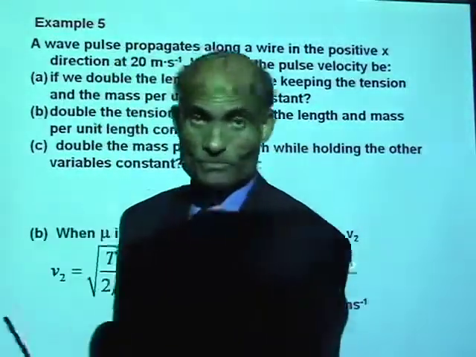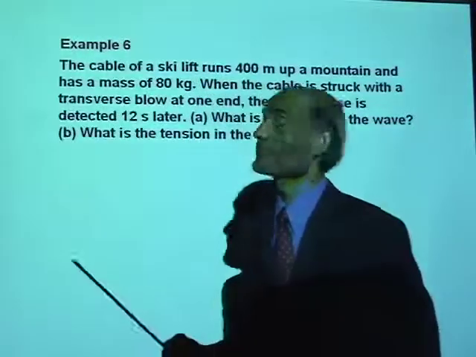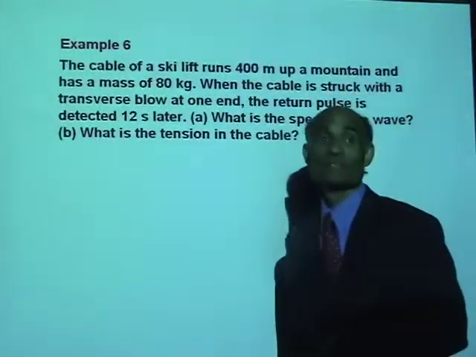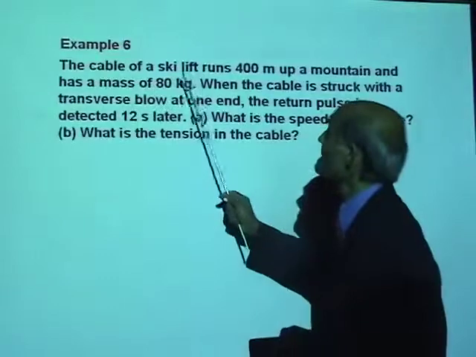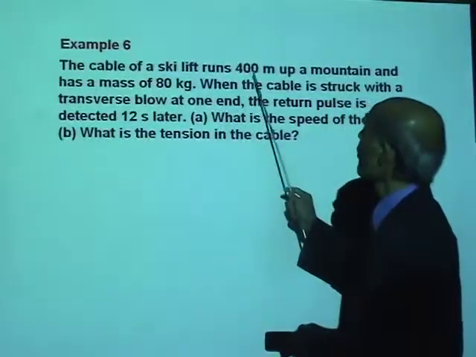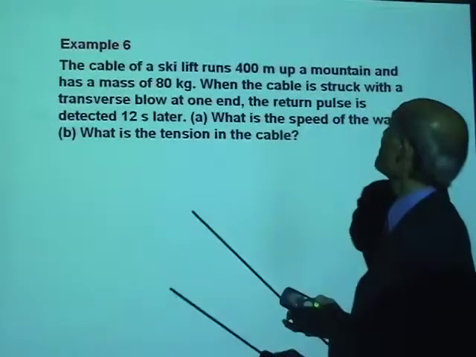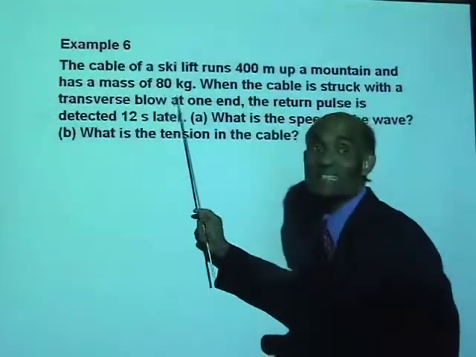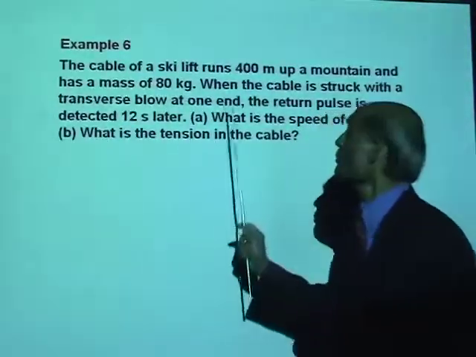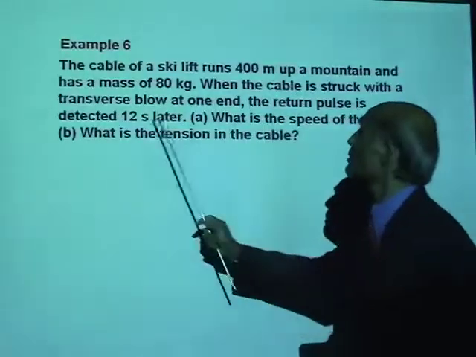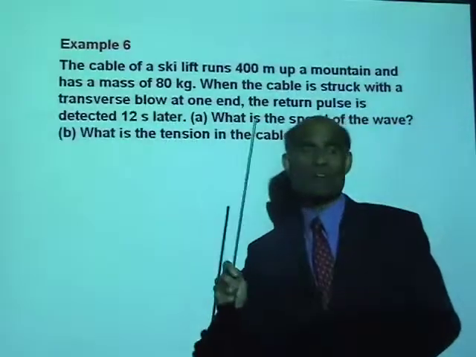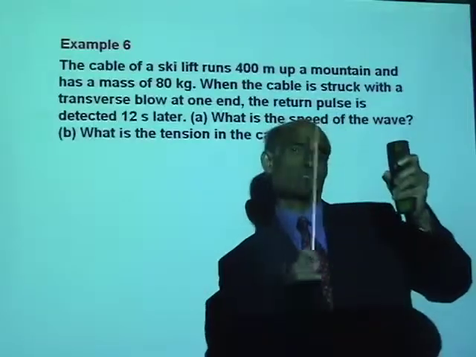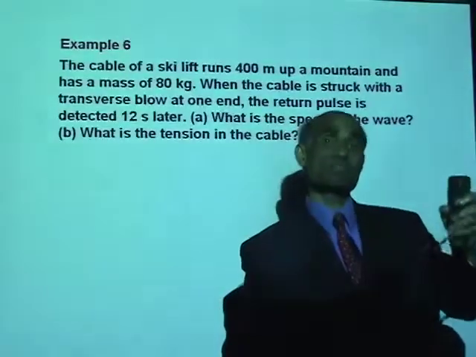Okay, let's move on. Example 6. The cable of a ski lift runs 400 meters up a mountain and has a mass of 80 kilograms. When the cable is struck with a transverse blow at one end, the stretched cable is given a transverse blow.